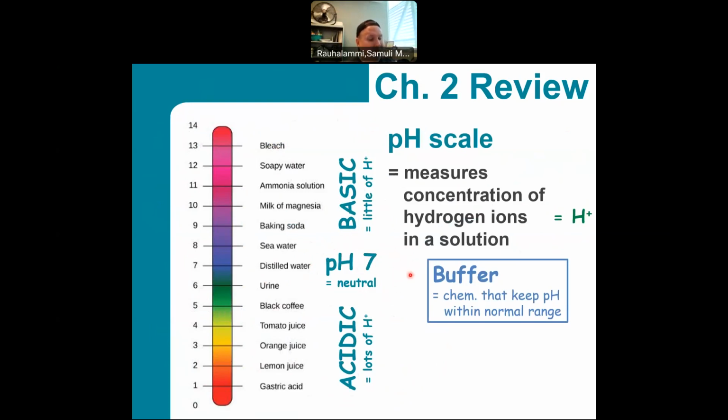So buffers are these chemicals that help us neutralize drastic changes of the pH of a solution. And in my BIO201 labs, you would have definitely explored different chemicals' buffering abilities.